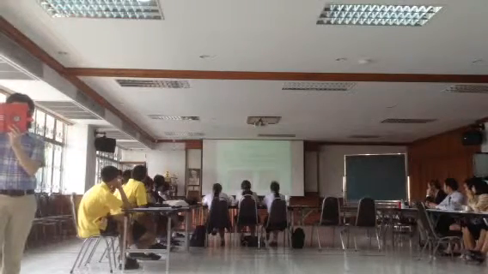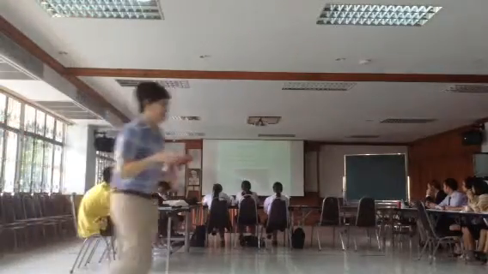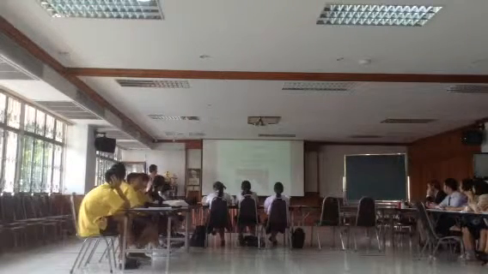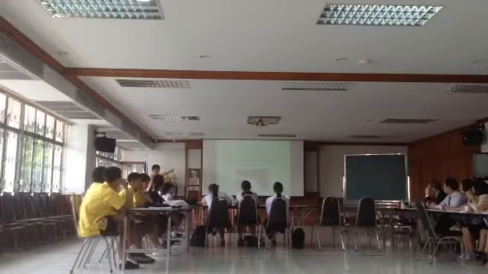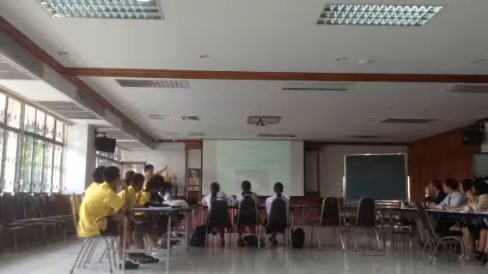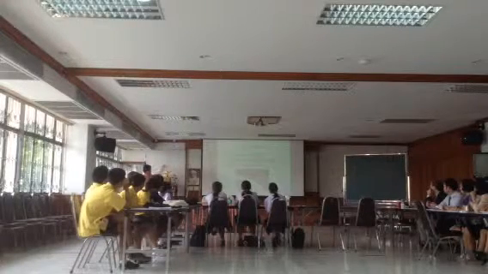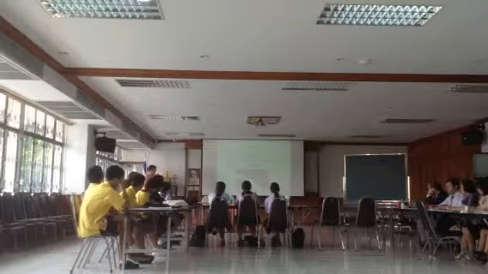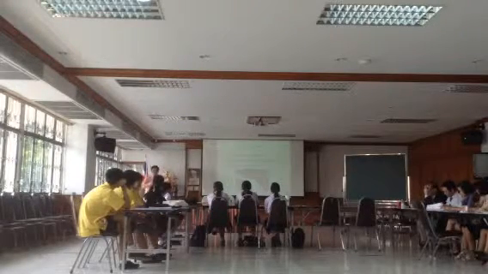Next, current. According to what we have learned a while ago, Ohm's law involves current, volts, and resistance. What is current? Everybody, please read. Current refers to the quantity, the volume of electrical flow.